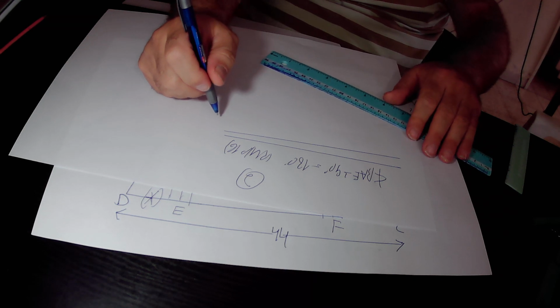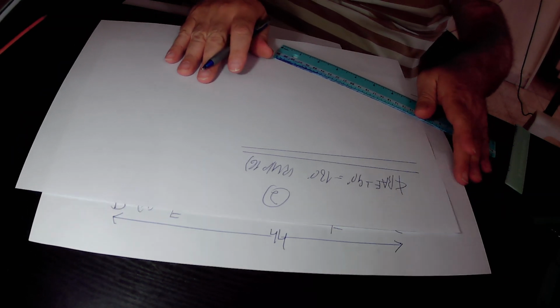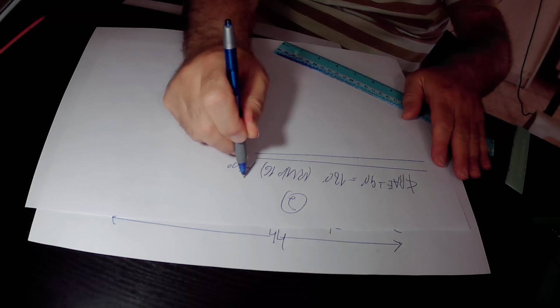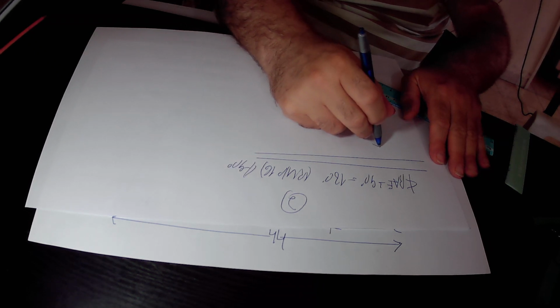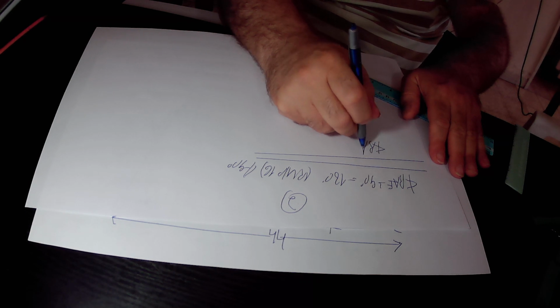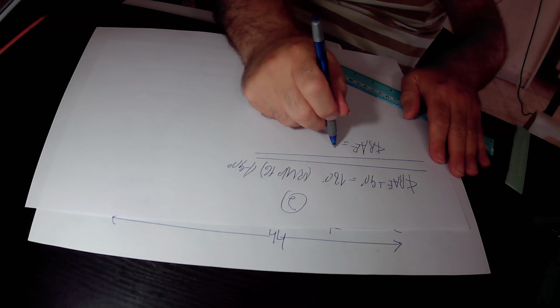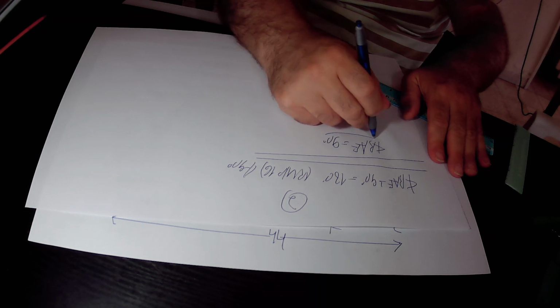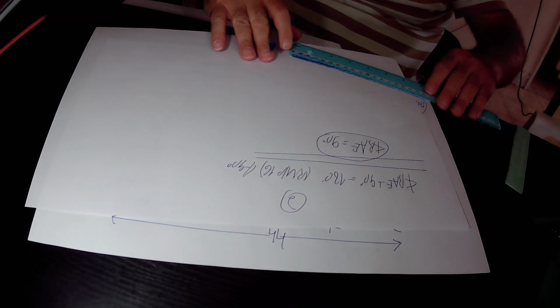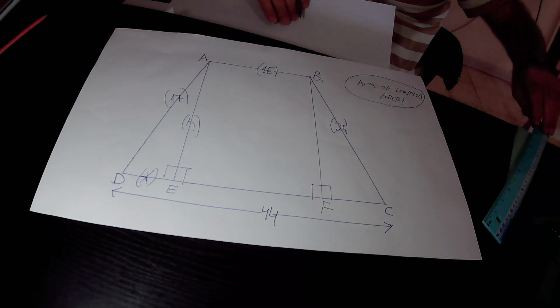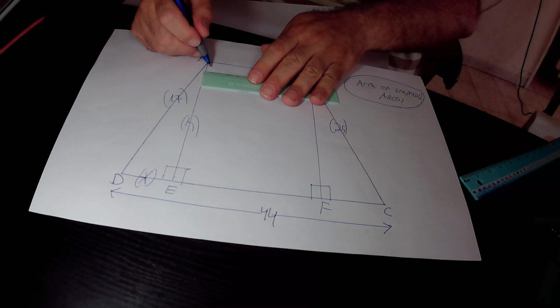Here we subtract 90 degrees from this equation, and we get that the missing angle BAE is equal to 180 degrees minus 90 degrees, which is 90 degrees. So this is the missing angle BAE that is equal to 90 degrees in its size according to rule 16.